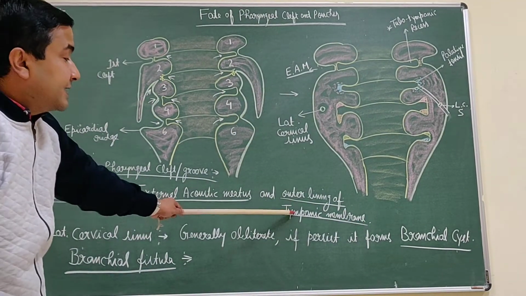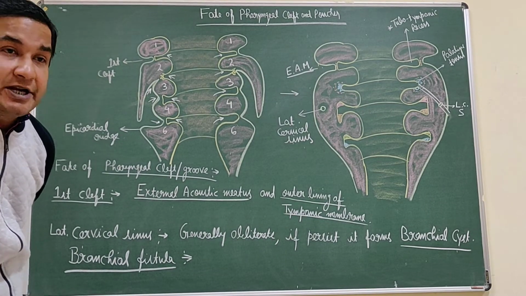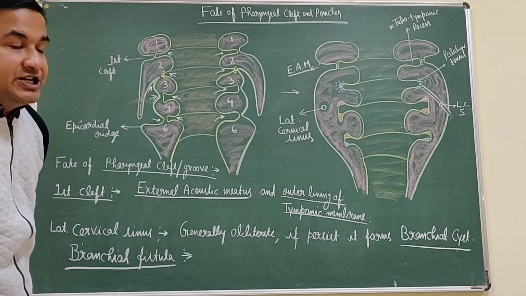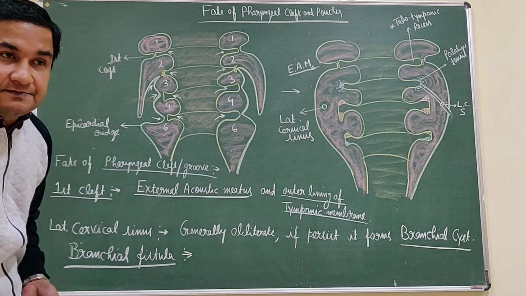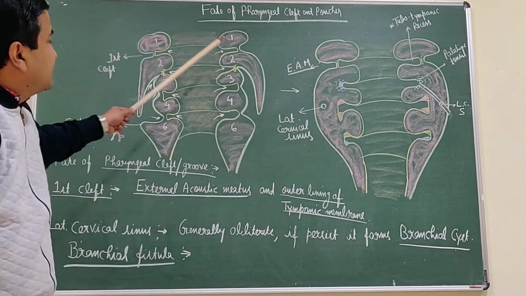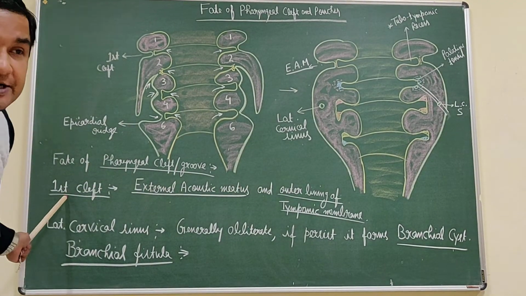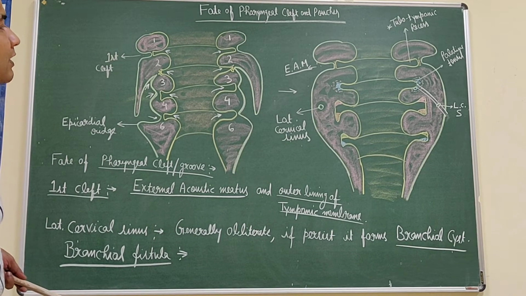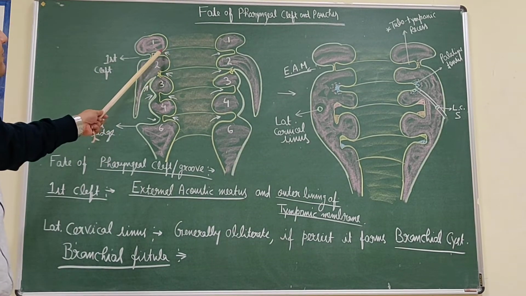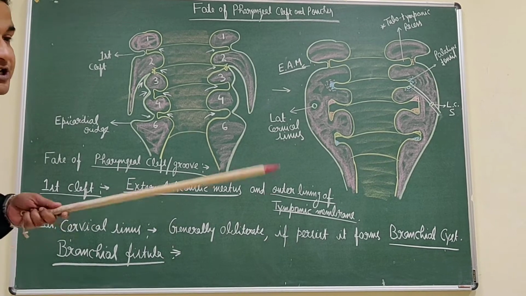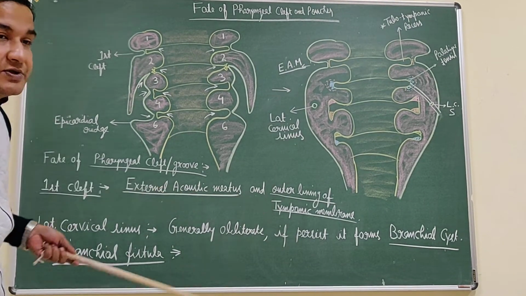The tympanic membrane is made up of 3 layers: outer, intermediate and the inner. The outer layer is formed by this cleft, that is the ectoderm. While the inner layer is formed by the first pouch, that is the endoderm, and the intermediate layer is formed by the mesoderm.